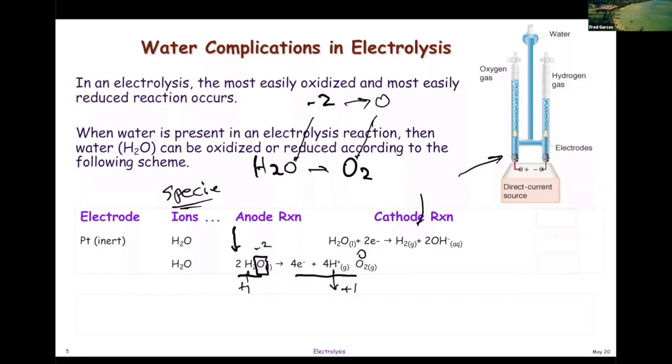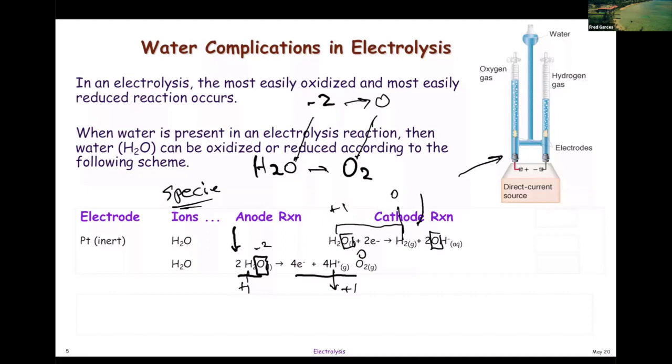At the cathode, what you have is the reduction of hydrogen. Here it's +1, but in hydrogen gas it's 0. So it's going from +1 to 0. That's a lowering of the oxidation state. That's a reduction. Notice that the oxygen here is -2 and the oxygen here is also -2. So oxygen doesn't do any type of chemistry at the cathode. It's the hydrogen that does that.